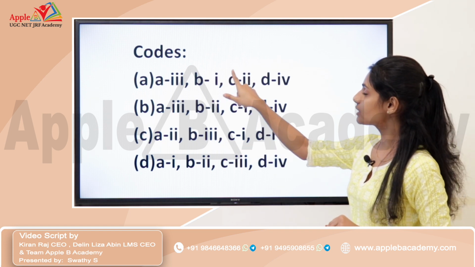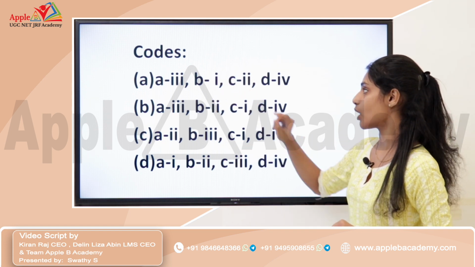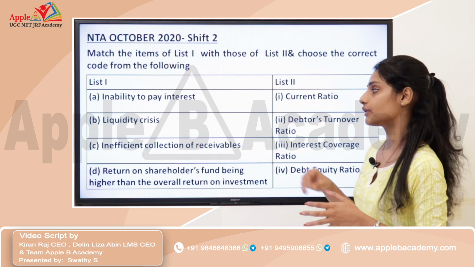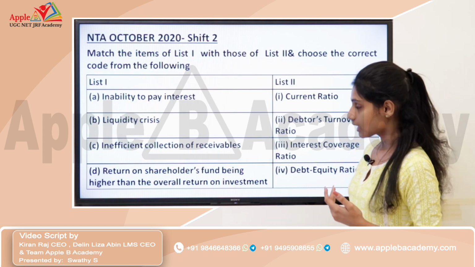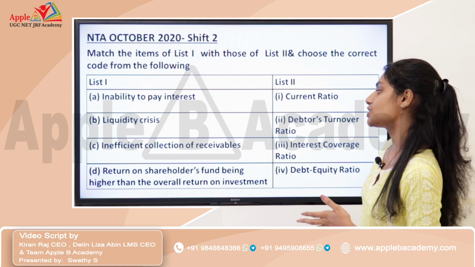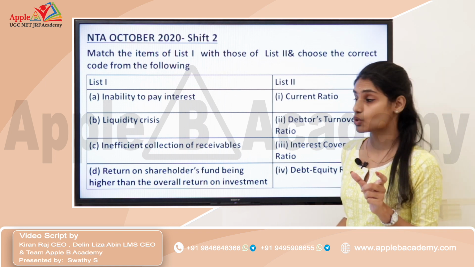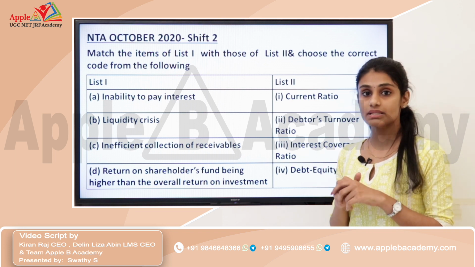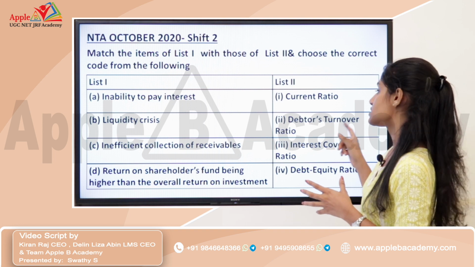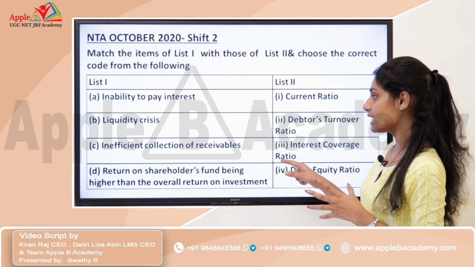You can see there is only one option with B as 1. So if you know that current ratio is related to liquidity crisis, you can directly go for the correct answer. Anyway, let's check the other ones. Inefficient collection of receivables: when we talk about receivables and receivables management, all of these come under debtors turnover ratio. So C is 2.